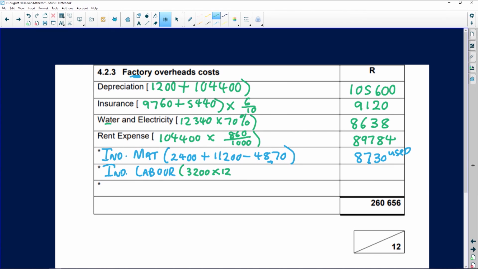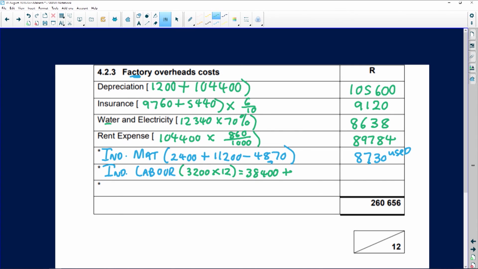You can either show it here, guys, 38,400, or you can show the additional contribution on a separate line, because they are giving us one additional line, but let's show it on the same line.